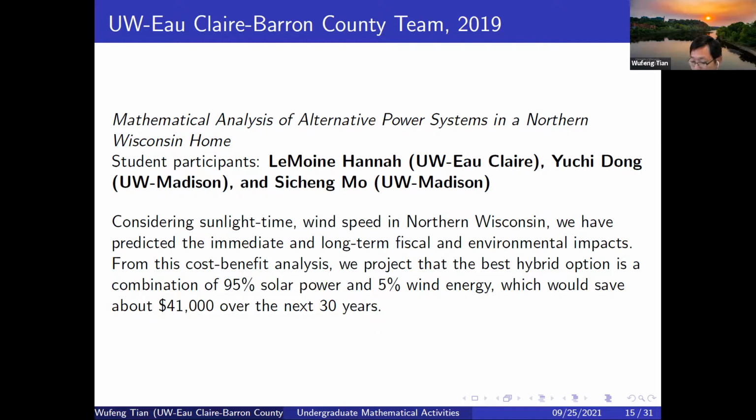So how much would they cost, and if they switch from the traditional power grid to solar panels, how much would they save? They did some math analysis and found the optimized combination. They found you can save $41,000 over the next 30 years.